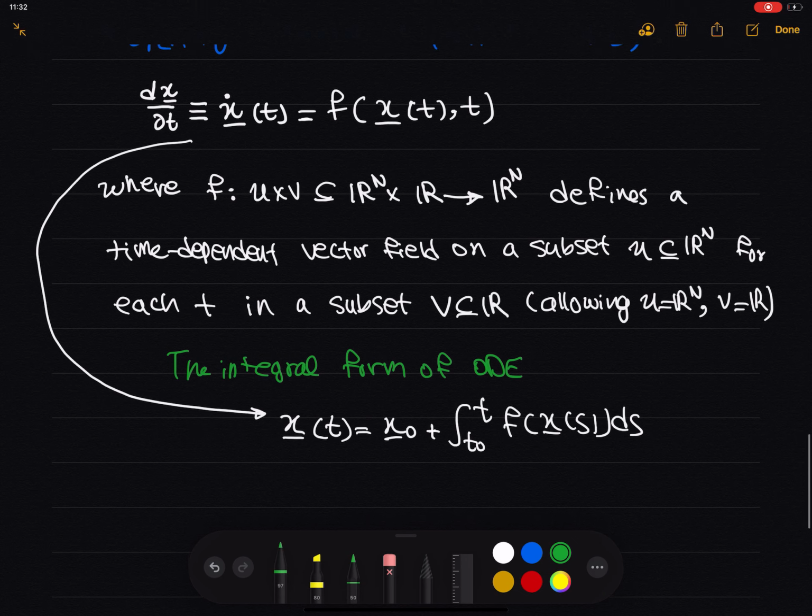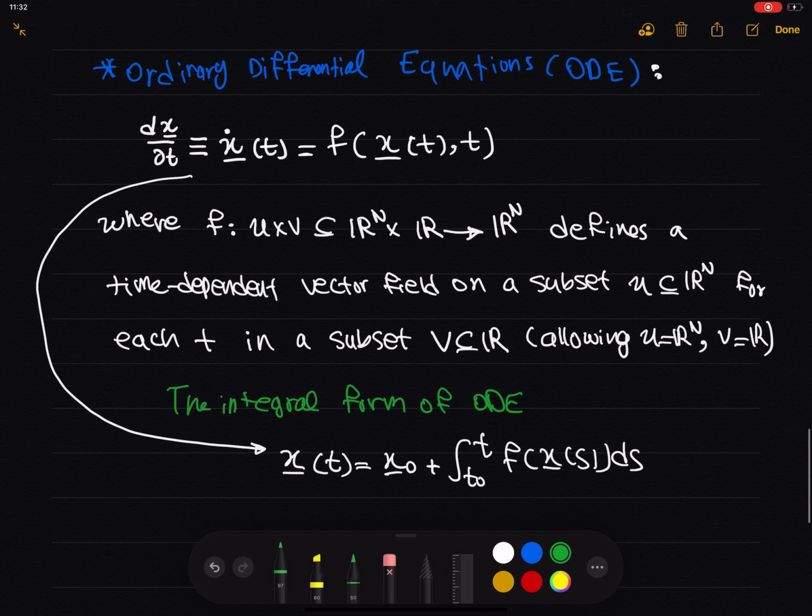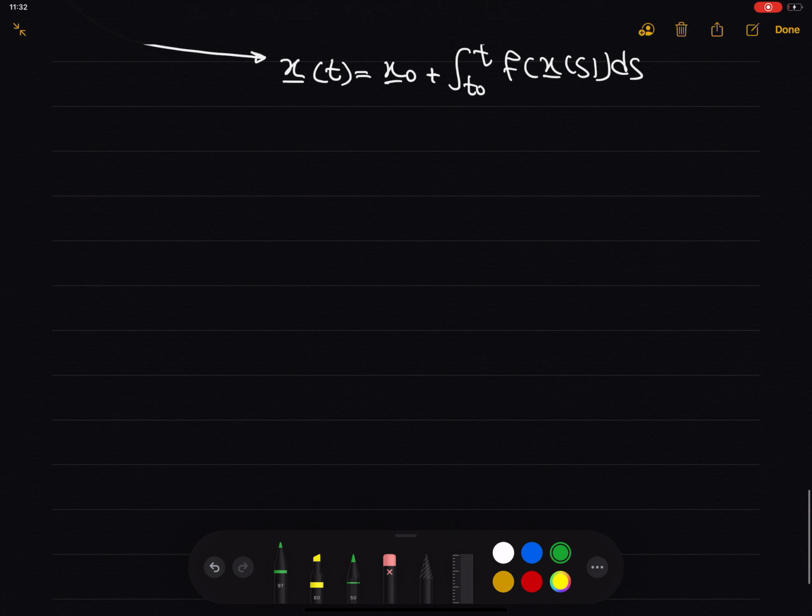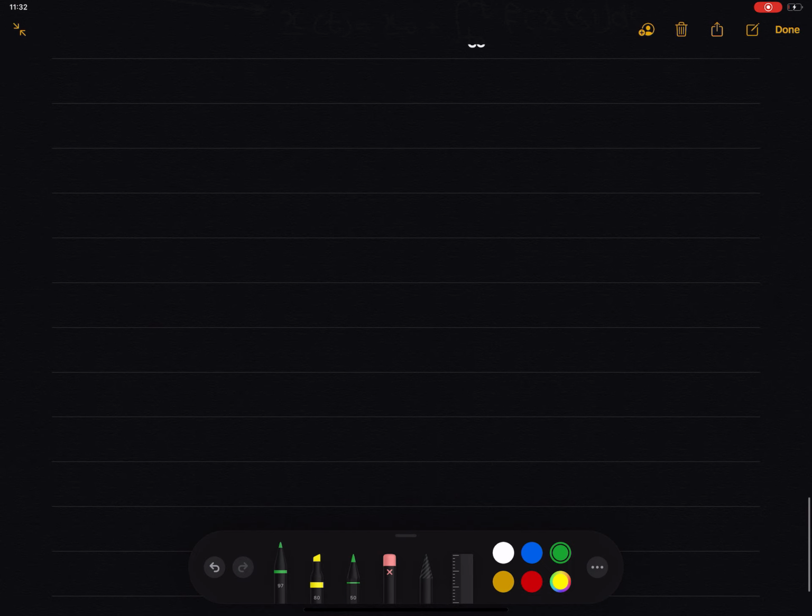And I'm going to solve an example for this ODE so you get more familiar with that. Okay, so let's start an example.